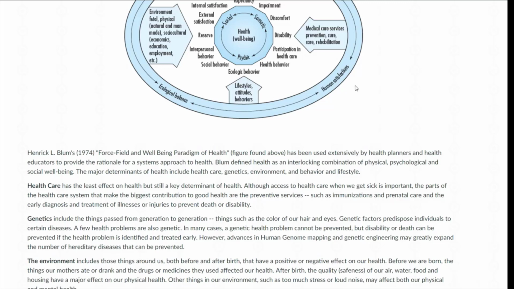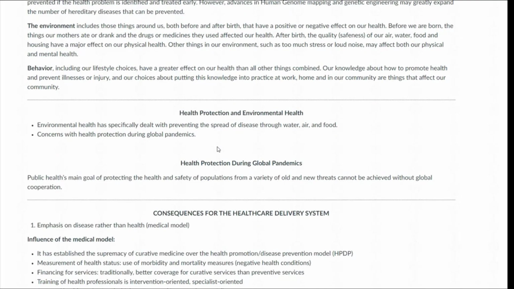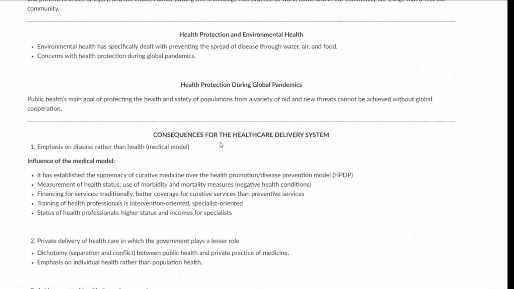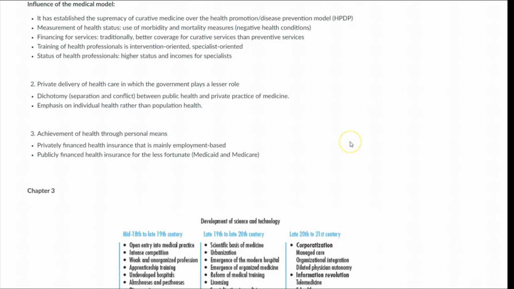So the major determinants of health in this diagram include healthcare, genetics, environment, and behavior, as well as lifestyle. And then the last sections here include consequences for the healthcare delivery system.